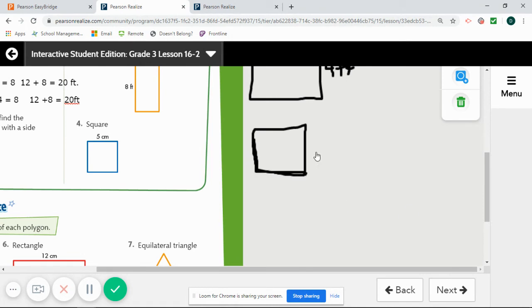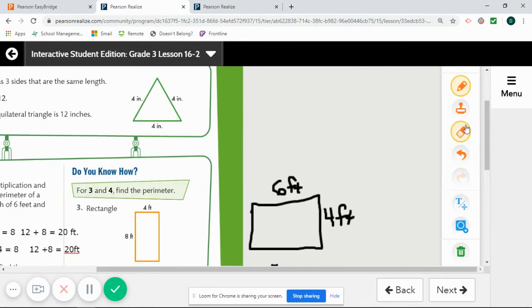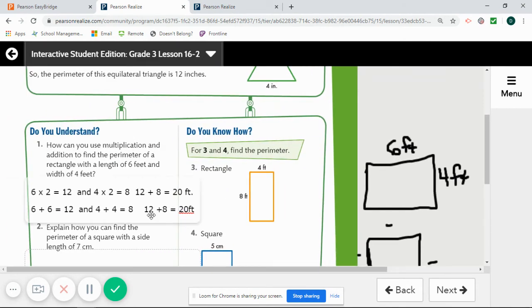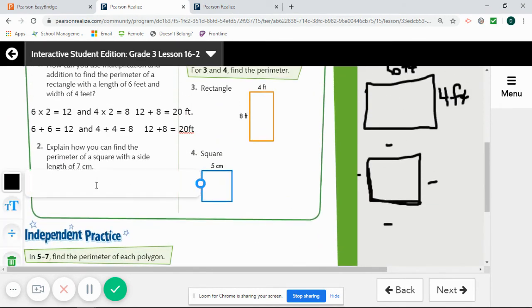But we know that all sides are the same length. So if they tell me that one side of the square is 7 centimeters long, explain how you can find out what the perimeter is. You would say all sides of a square are equal, and there are 4 sides to a square.